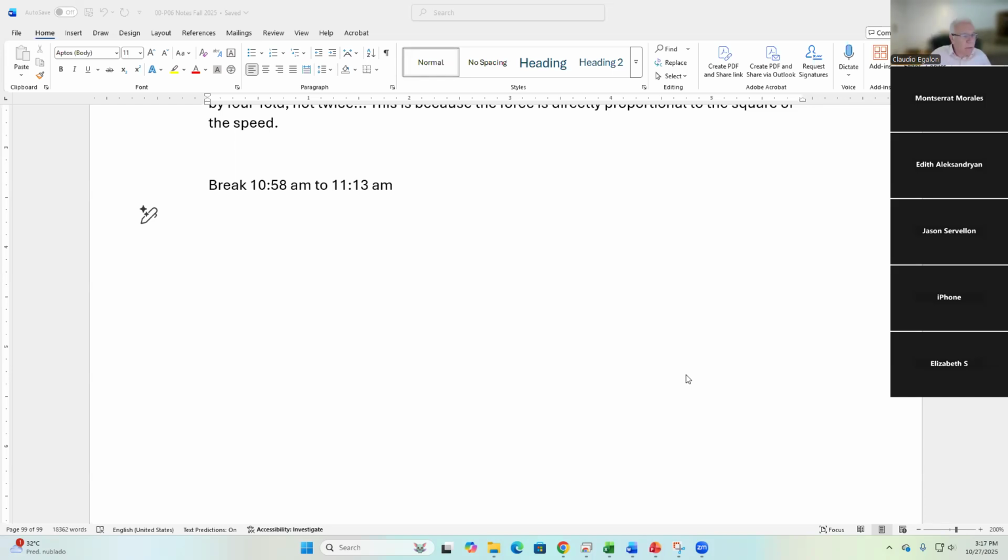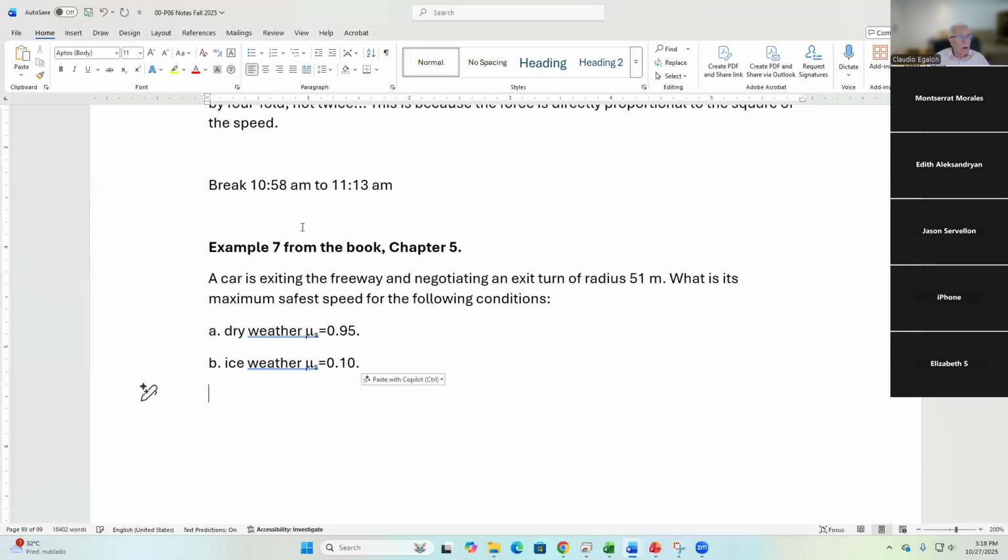Okay, so let's go for our next example. That's also an example from the book. A car is exiting the freeway and negotiating an exit turn of radius 51 meters. What is its maximum safest speed for the following conditions?